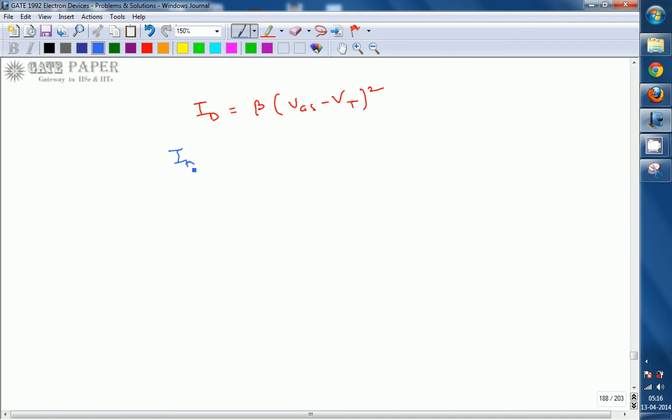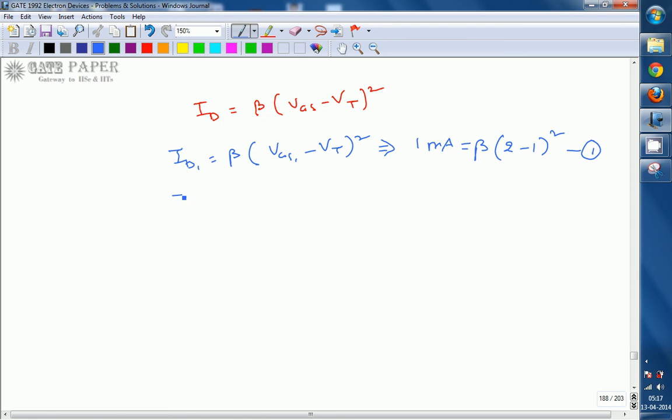So ID1 is equal to beta times (VGS1 minus VT) whole square, which is given as 1 milliampere is equal to beta times (2 minus 1) whole square. This is the first equation.